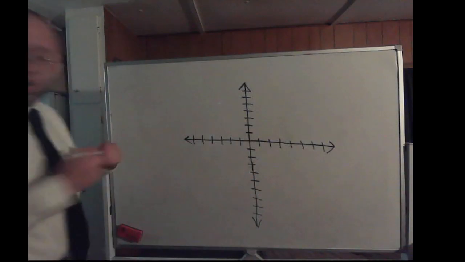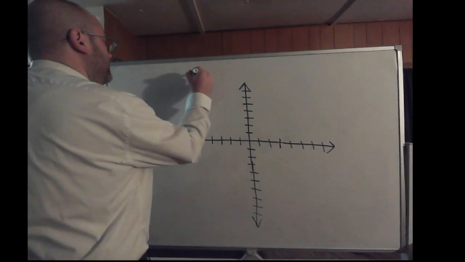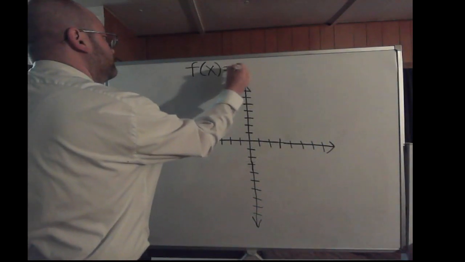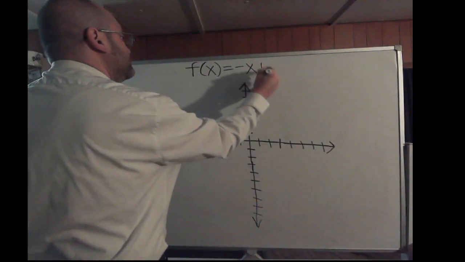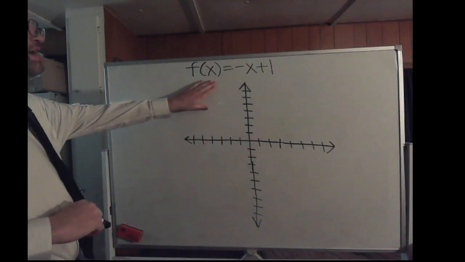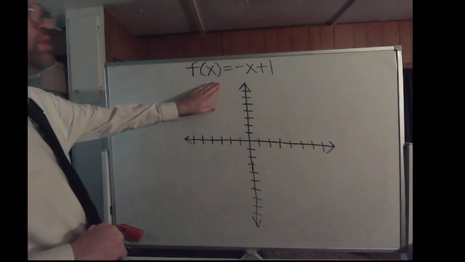Alright, what is the next one we're going to do today? f of x equals negative x plus 1. Alright, so we have f of x equals negative x plus 1. We would like to graph this function.